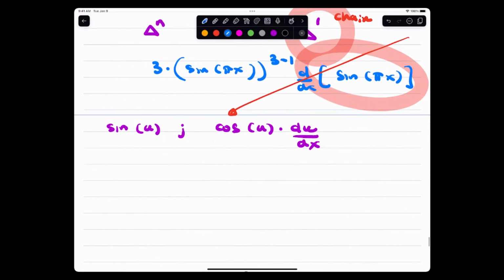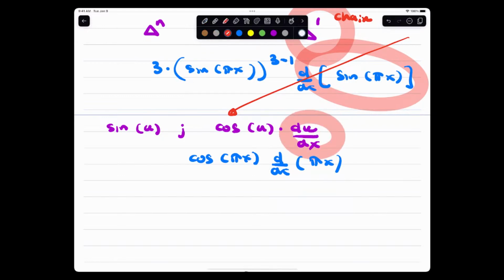So the derivative of sine will be cosine pi x, but now again, don't forget to differentiate pi x with respect to x. Because again, you have another chain right in here.